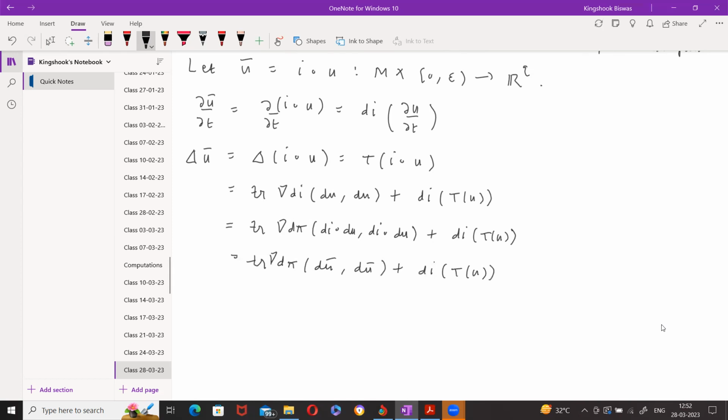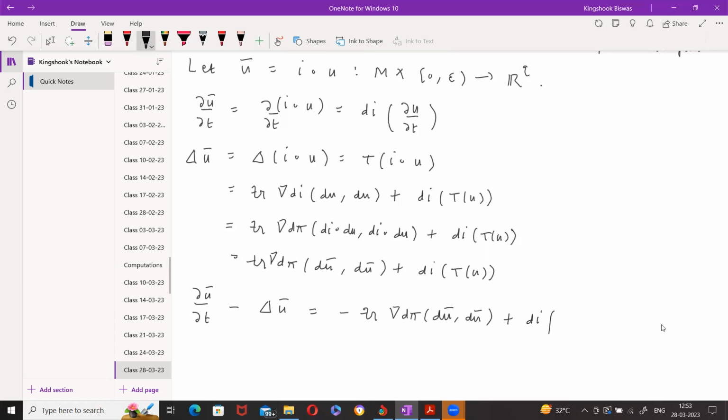Fine. So now I subtract these two equations, right? So what I'll get is that del u bar del t minus Laplacian u bar. This will be minus trace of nabla d pi of du bar plus, then I'll have di of del u del t minus di of tau u.